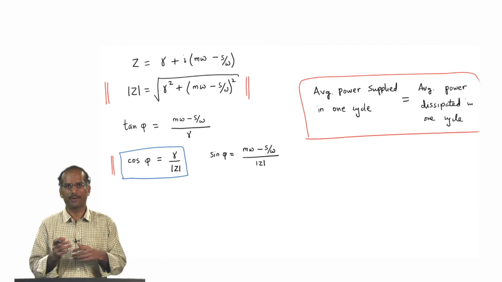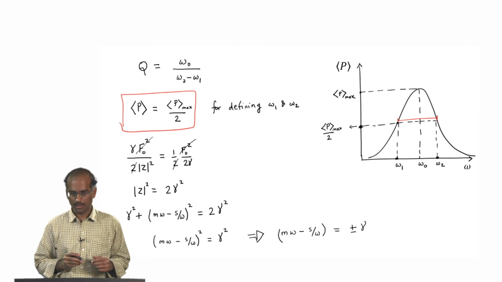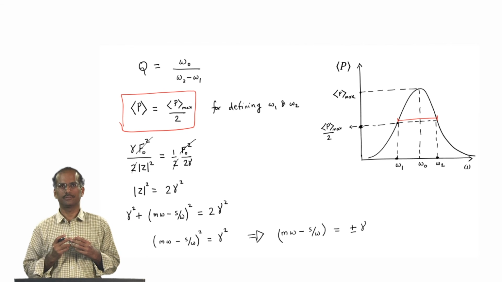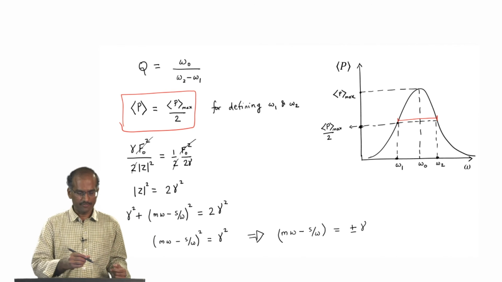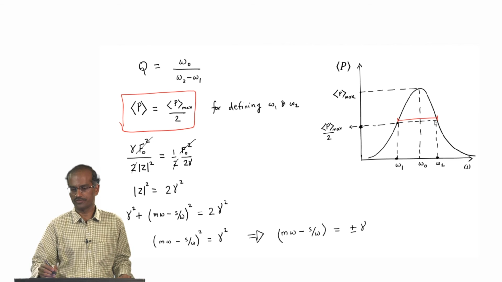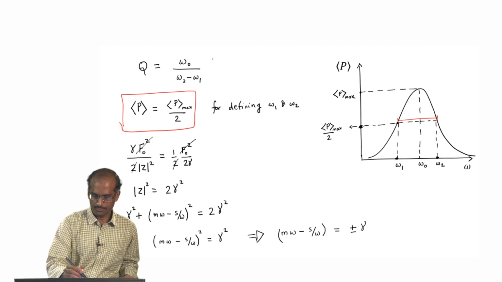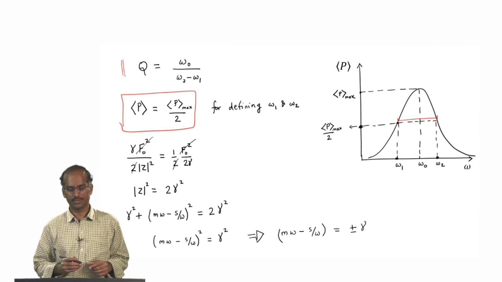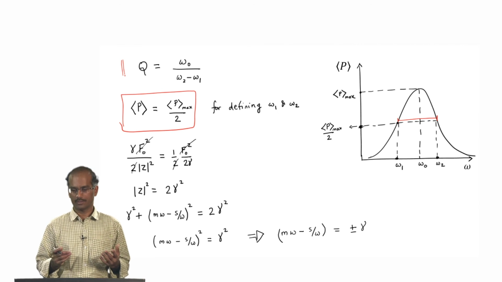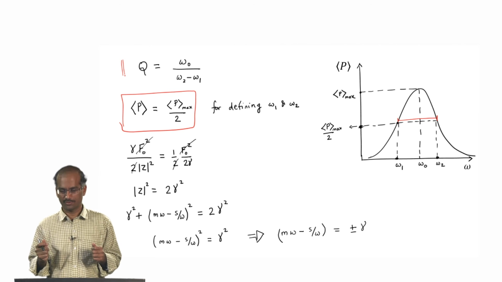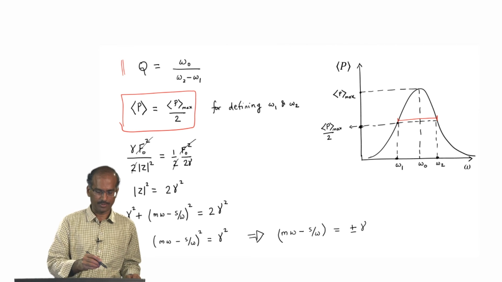Effectively, it does not store the power for future use, and we were able to show that the q value, which we already saw in an earlier module, can now be defined in terms of the width of this resonance curve, and q value is equal to omega 0 by omega 2 minus omega 1, where omega 2 and omega 1 correspond to two values of driving frequencies at which the average power supplied is half the peak value.